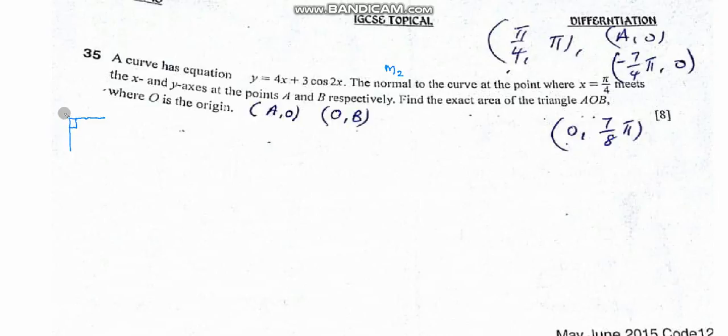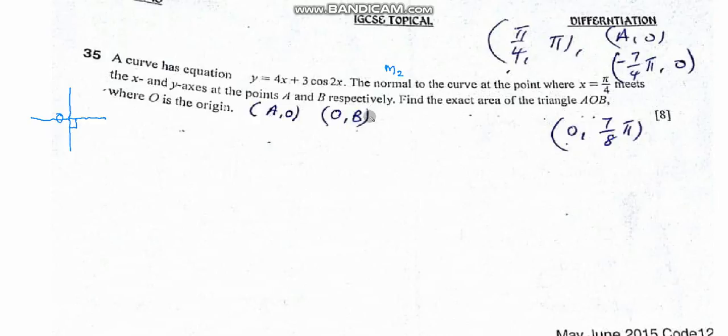This is O. I haven't found the values of the x and y intercepts, so I do not know whether they are on the positive side or the negative side. Never mind, but we know the origin is point O.